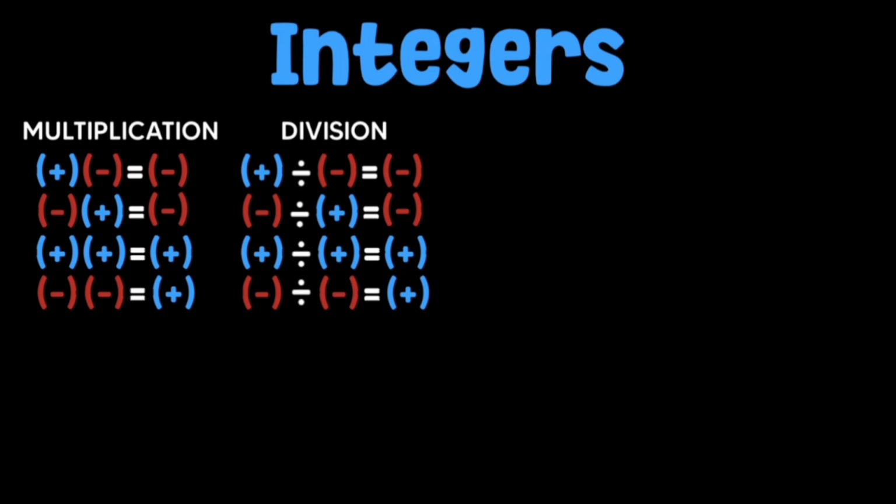For example, as we can see in multiplication, if we have a positive number multiplied by a negative one, we get a negative result. If we have a negative number multiplied by a positive, which is basically the same as the first one I mentioned, our result will also be negative.